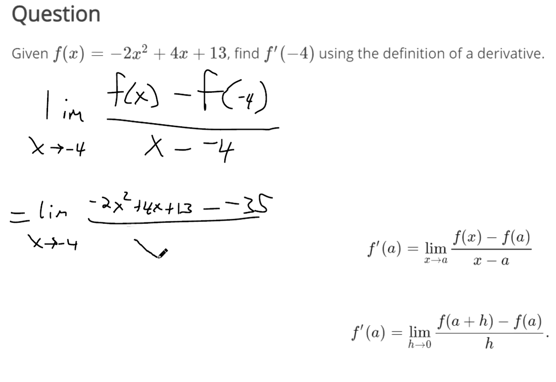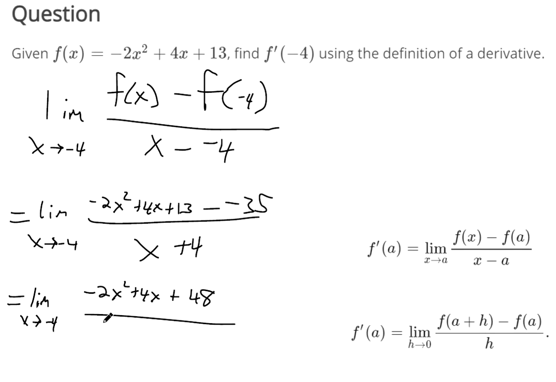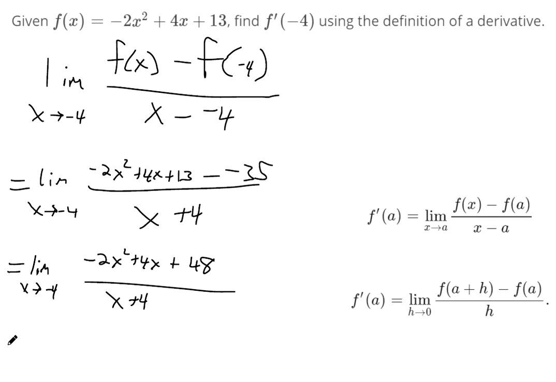In the denominator, that's just x plus 4. And so what's probably going to happen is we're going to be able to factor. So in the numerator, when you simplify this, you get 13 plus 35, that's 48. So -2x squared plus 4x plus 48 over x plus 4. I like my leading term to be positive when I'm trying to factor, so I'm just going to factor out a -2.